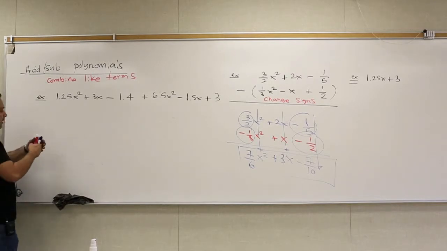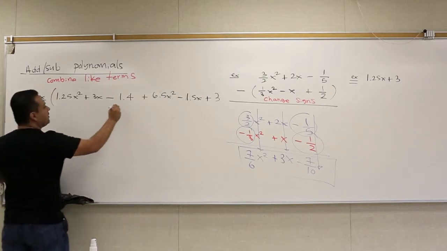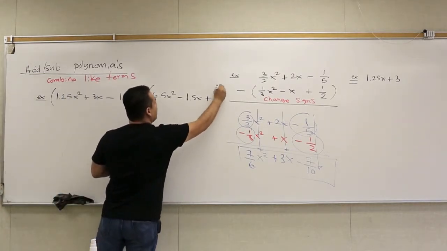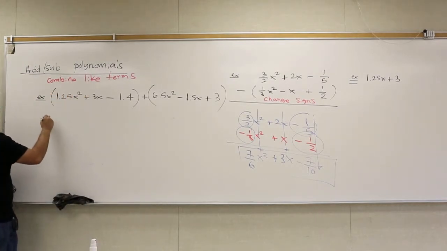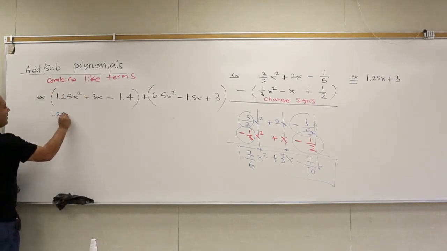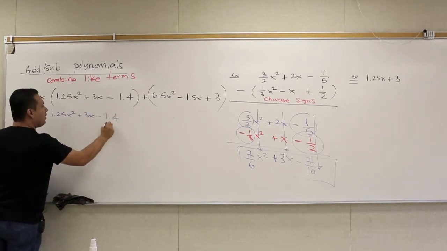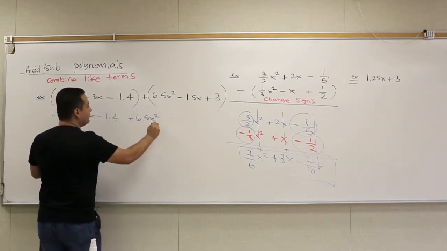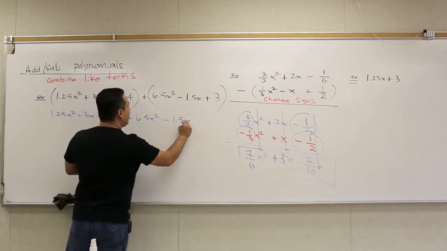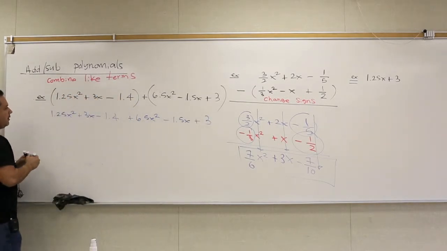And if you want it in a polynomial format, put your parentheses here and here. You guys already know, just drop your parentheses. So you got 1.25x squared plus 3x minus 1.4 plus your 6.5x squared minus 1.5x plus 3. What do you guys do now with this?